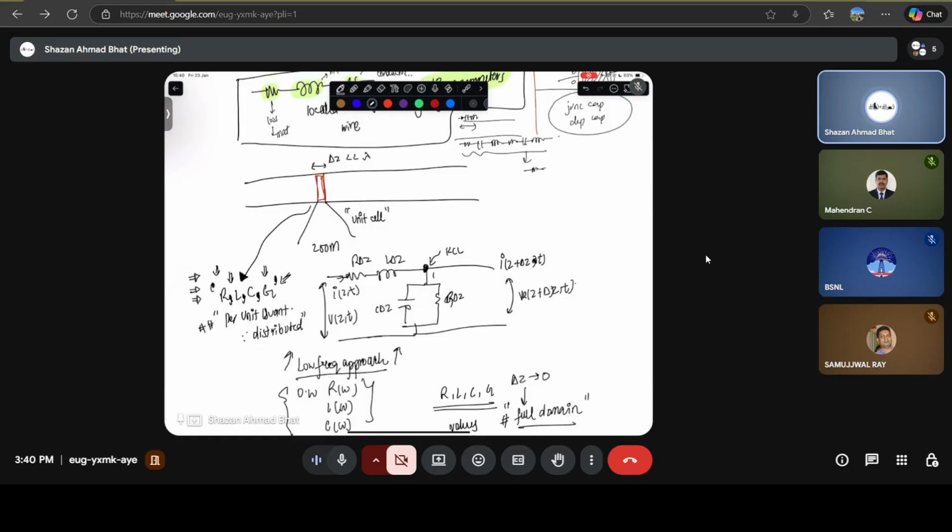You have the resistance, inductance, and you have the capacitance, and so on and so forth. So this is basically how it's viewed. This is the circuit model of a transmission line.